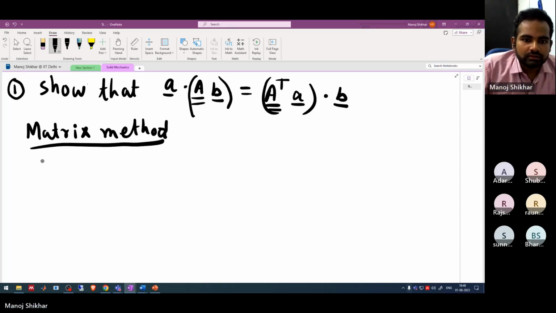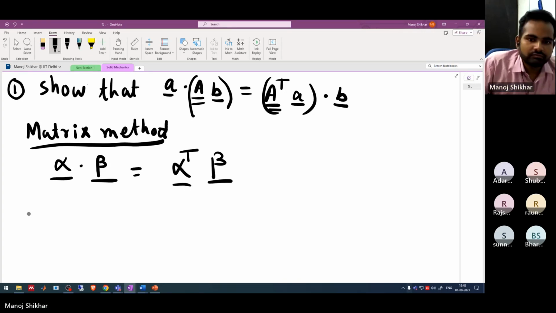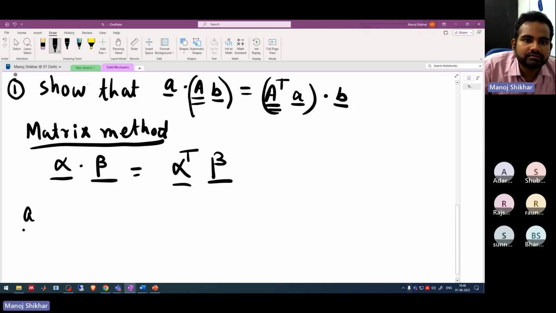Okay. So for any two vectors alpha dot beta, we can write it as alpha transpose into beta. So here also we are taking the RHS.